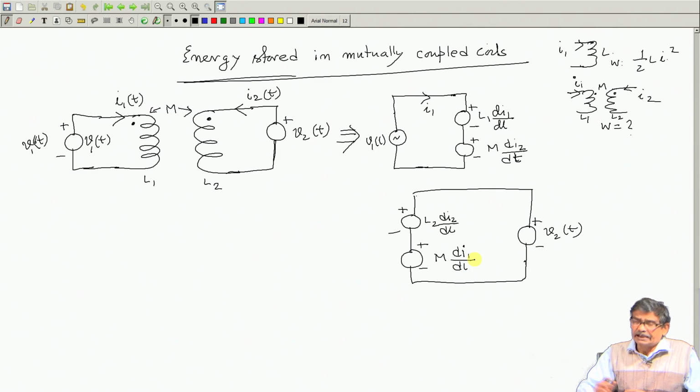And let the things be time varying. I am not at all worried whether on both sides sources are connected or not. So, I have drawn the KVL, I mean the instantaneous voltage polarity, hopefully correctly like this. Achha.